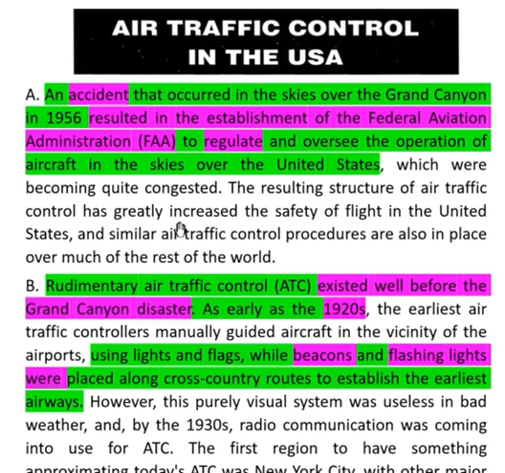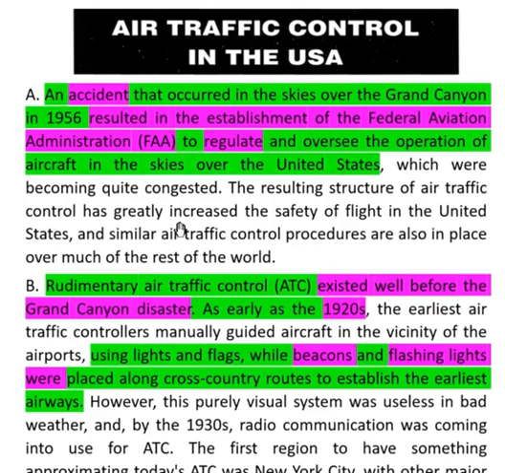But let's take a look at the paragraph carefully, especially the first sentence and importantly the highlighted areas. Two events occurred. Number one event is an accident, which occurred in 1956, while the second event is the establishment of the Federal Aviation Administration. That is the second event.